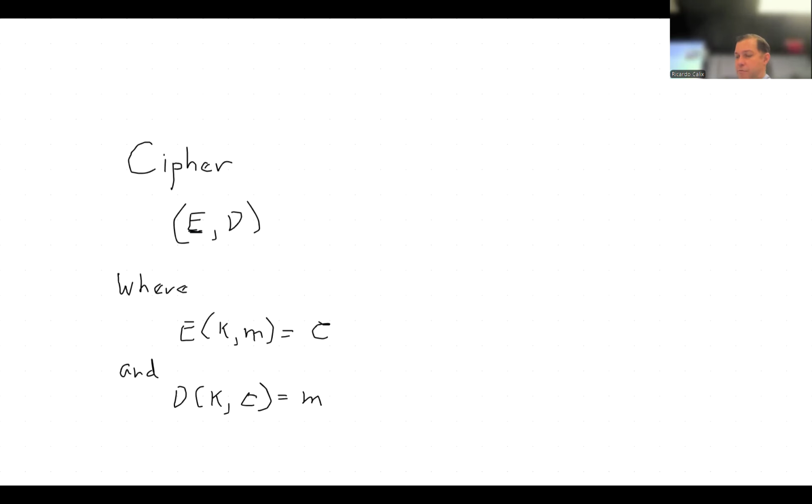Obviously, this has to follow the consistency equation, which basically means the following. If you have D(K, E(K, M)) equals M. Do you guys agree, right?